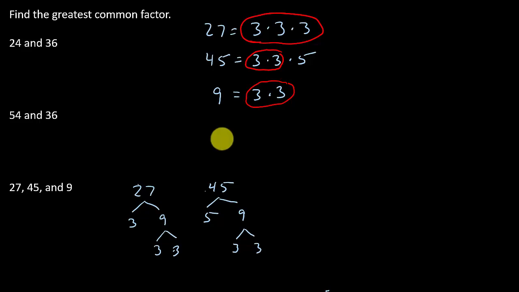We use it the least amount of times that it appears, which is twice. And then we look at the 5. Here it appears once, here it appears 0 times, and here 0 times. So that means we don't use it. And so our greatest common factor is 3 times 3, which is 9.